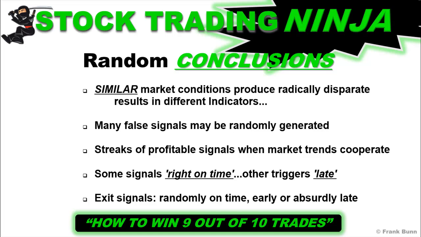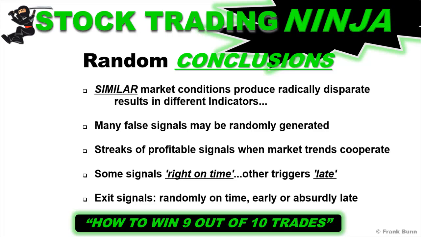Upon even closer analysis, we see that some signals are right on time in conjunction with the price action, while other triggers are hopelessly late or behind the curve. And lastly, and most obviously, exit signals are either on time, early, or randomly absurdly late.